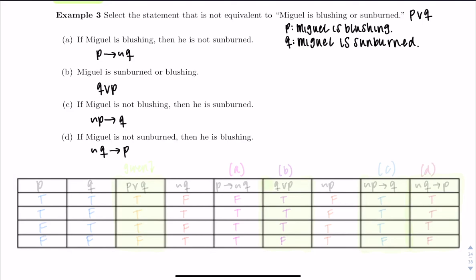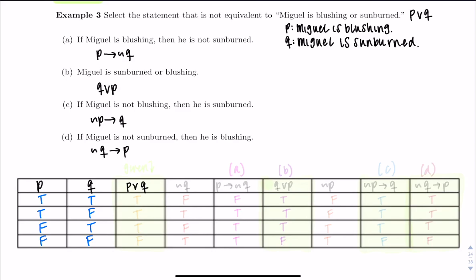And so we've got P and Q, so let's go ahead and set up our values. True, true, true, false, false, true, and false, false. We need to find the original statement, which was Miguel is blushing or sunburned. So that's P or Q, so that we can compare it with these other 4 statements.